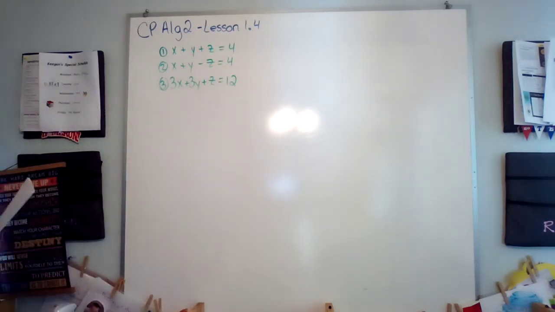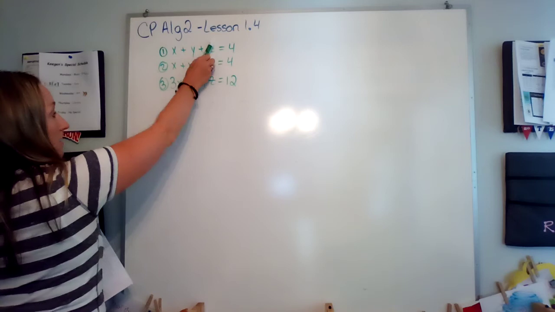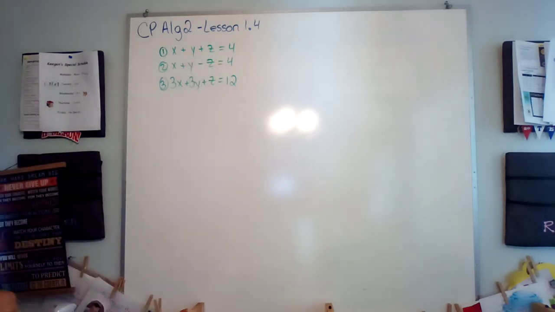I'll continue to do elimination instead of substitution, just to stay consistent. Let's pick equation 1 and equation 2 and eliminate the z's. I chose z's because one's positive and one's negative, so they can already be eliminated. I don't have to multiply by anything.